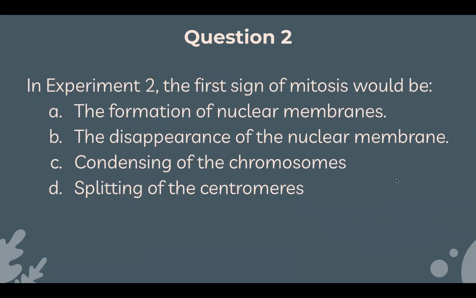All right, and what did you guys get for this question? Yeah. All right, Brian, why did you get C? Because I remember the typical illustration in the textbook showing the cell will first condense, then when the membrane breaks down, you will immediately see the condensing chromosomes. Yeah, exactly.